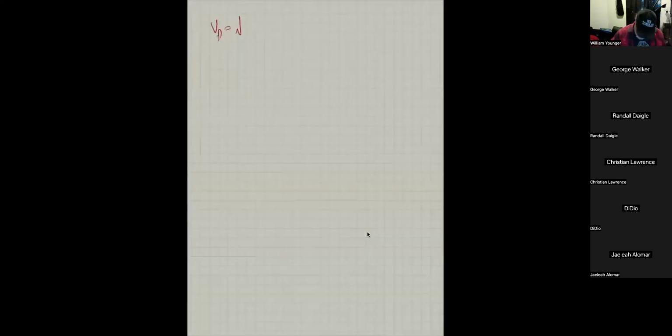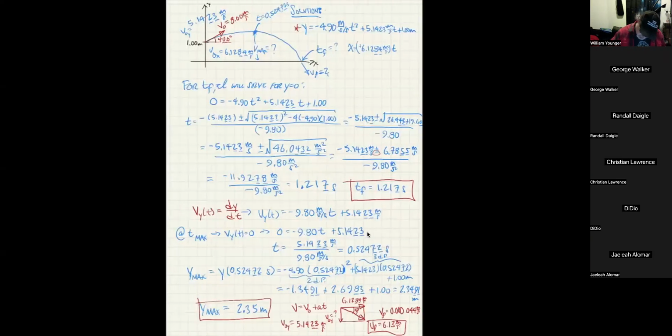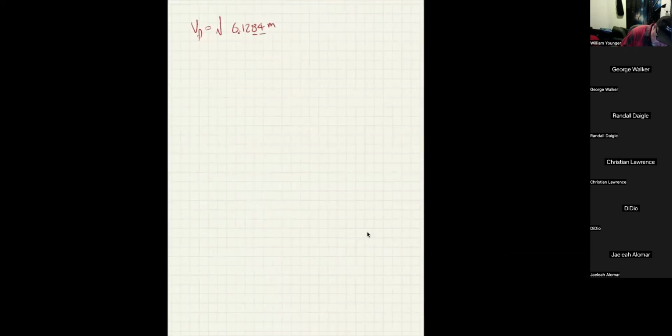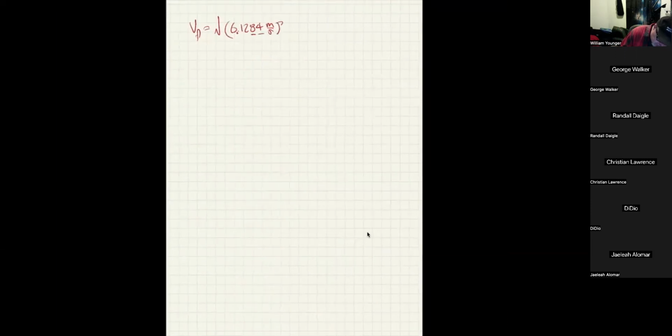What I'm going to do is say V final is actually equal to the square root of 6.1284 meters per second squared plus 4.4 times 10 to the negative fifth meters per second squared.